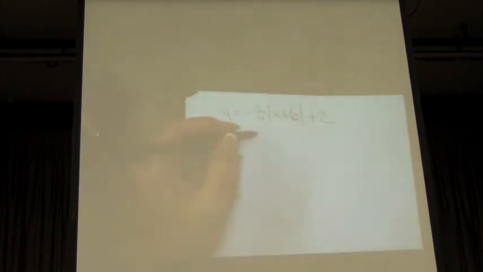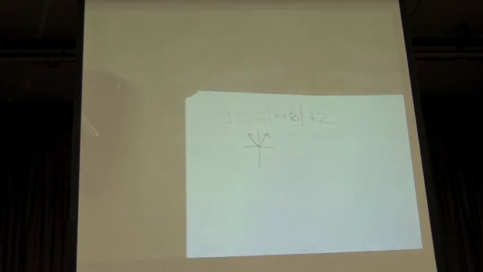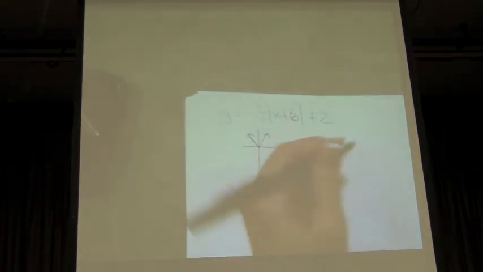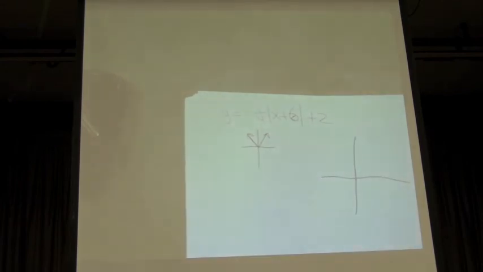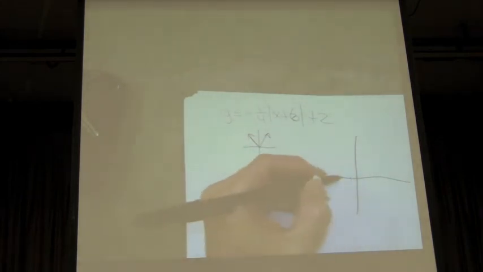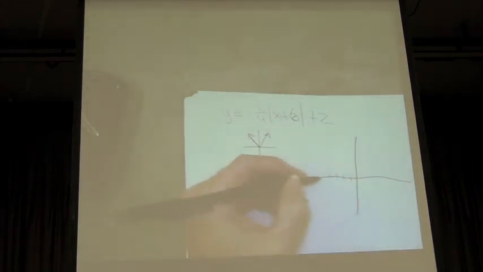So, if we were graphing this one, this is the parent function. The parent function always starts at 0, 0. What did we say happened to this one? We said there was a horizontal translation, 6 units left. 1, 2, 3, 4, 5, 6.